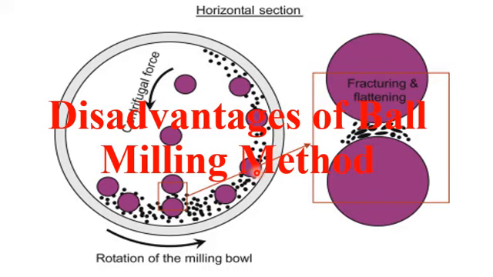Of course, there are a lot of disadvantages, and that is the reason advanced synthesis techniques like wet chemical solution based techniques or high vacuum based techniques were introduced in order to prepare a nanomaterial. So some of the key disadvantages of ball milling processes are the following.